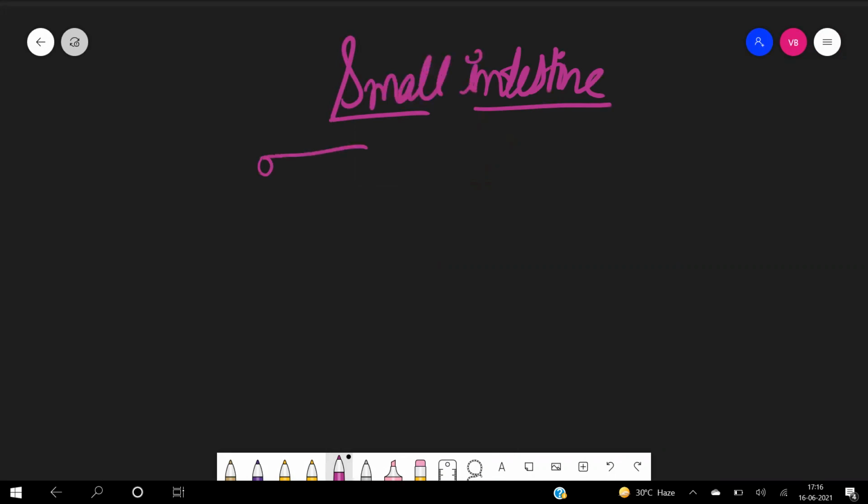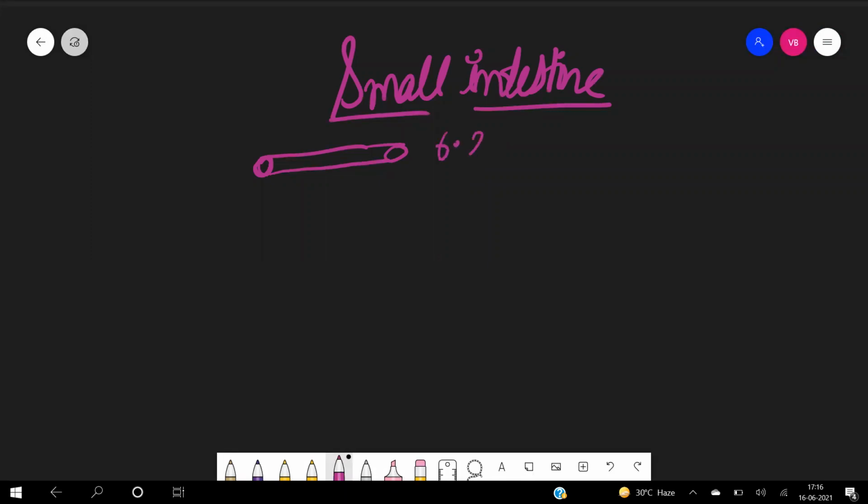Why is it known as small? It is very long, but it is known as small intestine due to its lumen. This is known as lumen. It is very small, but it is actually very long in length.